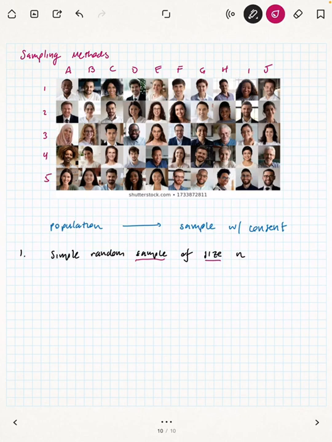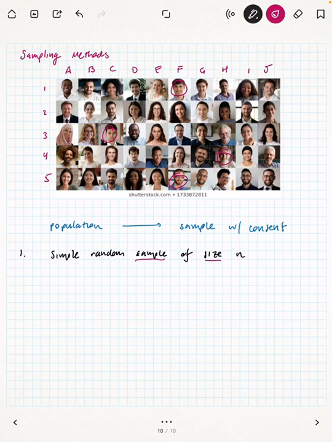So this person is F2, this person is C4. Put them all in a random number generator, and we'll get our random 4 people. Just for the sake of illustration, let's say it's these. So we got our 4 people at random.